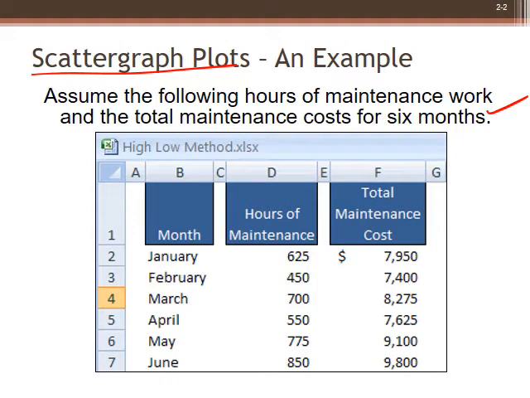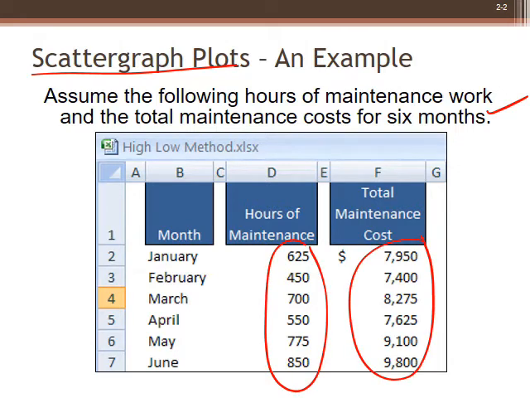If the hours of maintenance and the total cost do not follow a linear relationship, then the high-low method does not give you a correct answer, or gives you an erroneous result. Okay, let's go to the next slide.